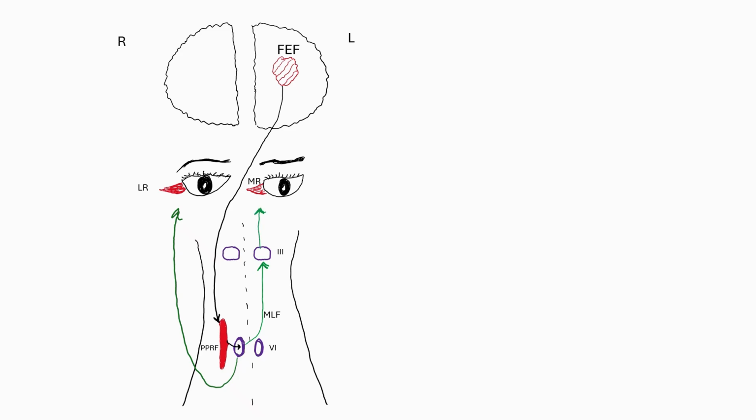And from the third cranial nerve nuclei, the third cranial nerve arises and supplies the medial rectus of the left eye. And so when PPRF is stimulated, we have simultaneous stimulation of the sixth cranial nerve nuclei and the third cranial nerve nuclei at the same time, and hence the eyes look towards the right side.